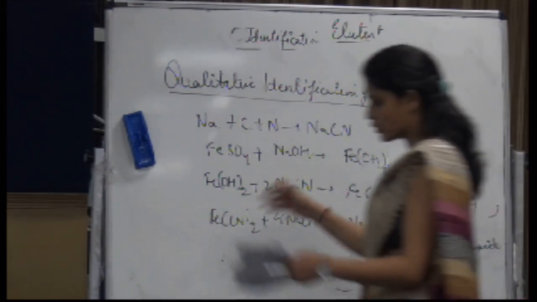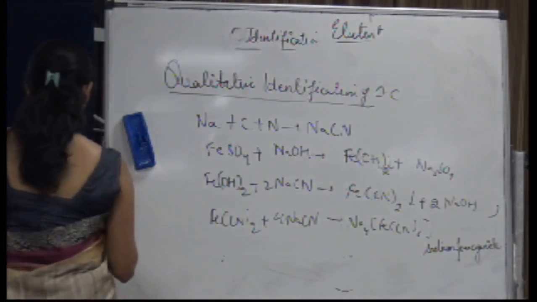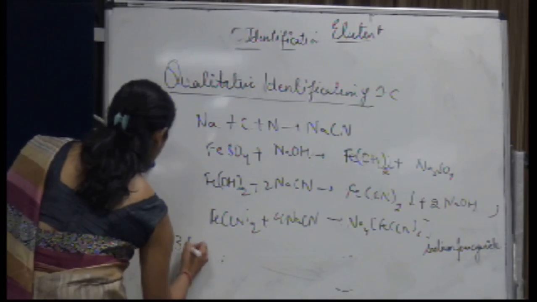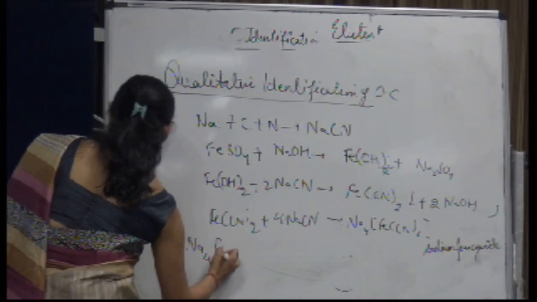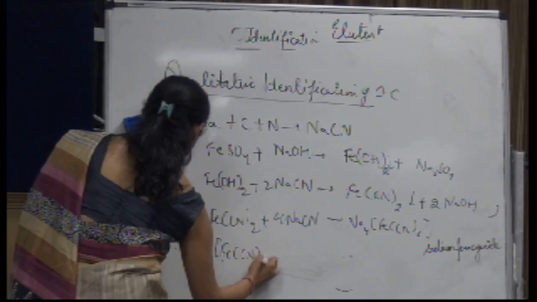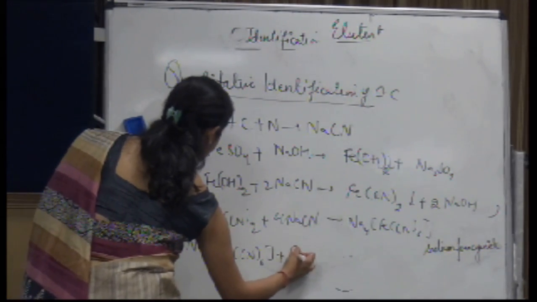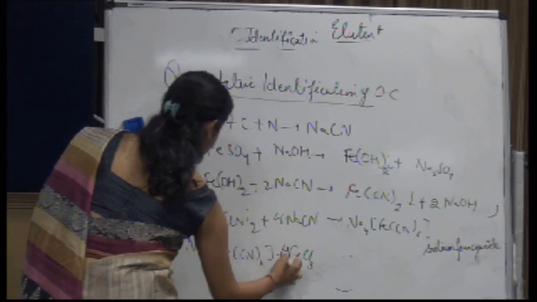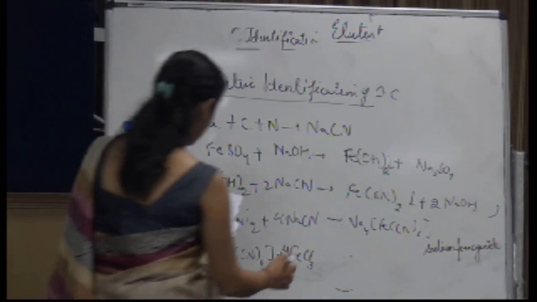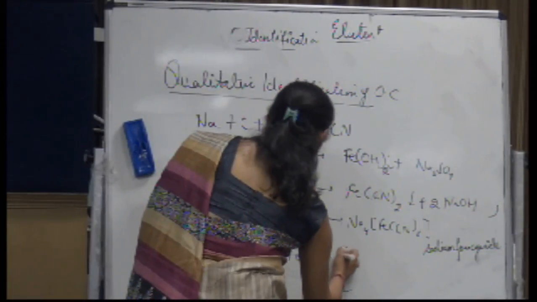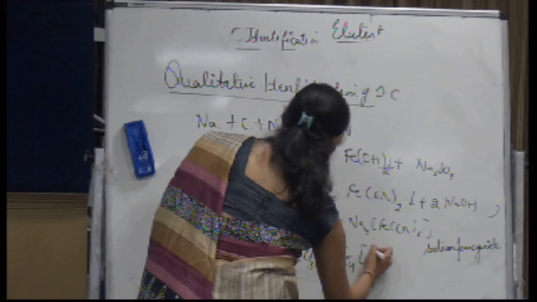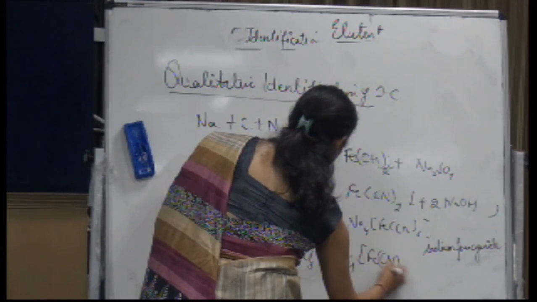These are very important reactions, and this sodium ferrocyanide would react with ferric chloride to form ferric ferrocyanide, which is blue in color.